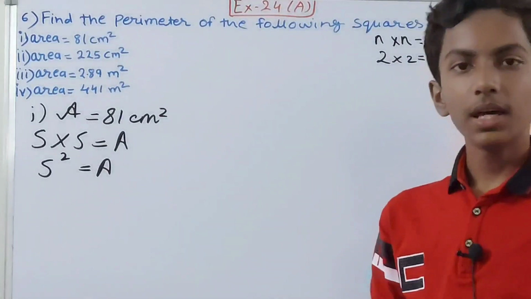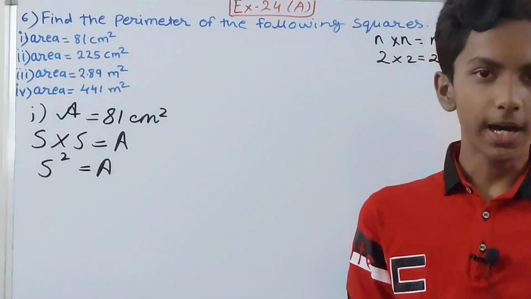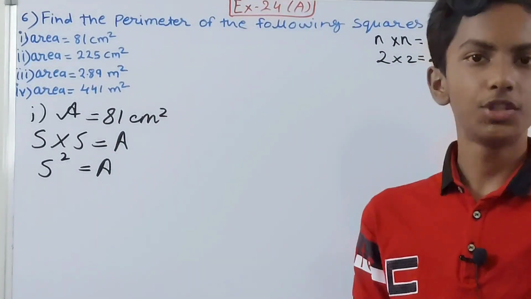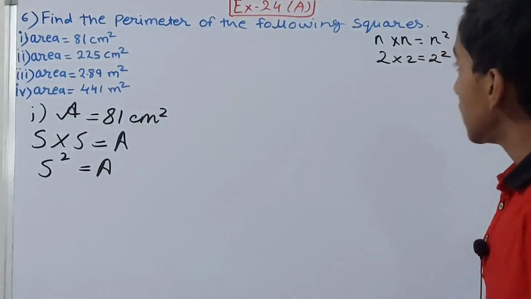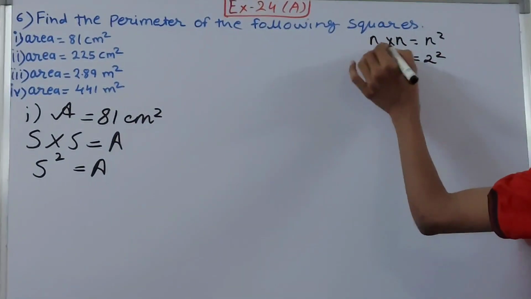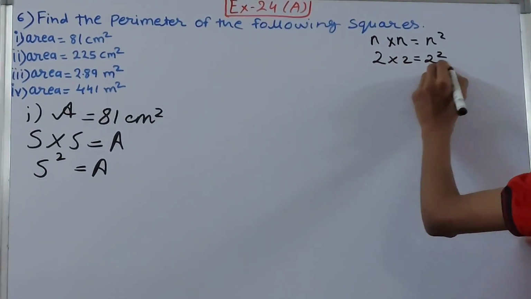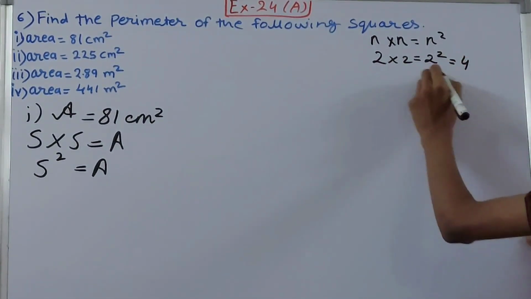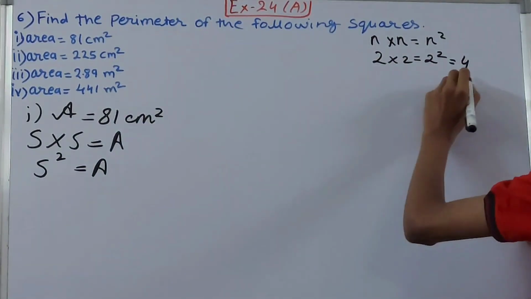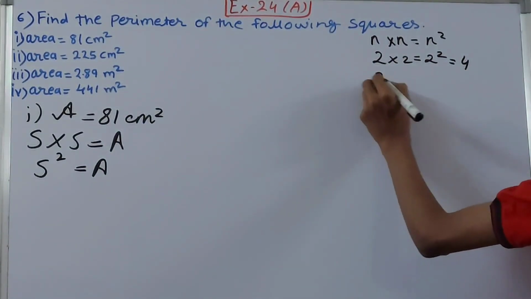But friends, there is another thing with the square, that is the opposite of square, which is the square root. See, the number which is being multiplied twice is the square root, right? So 2 into 2 is 4, so the square root of 4 will be 2, right?